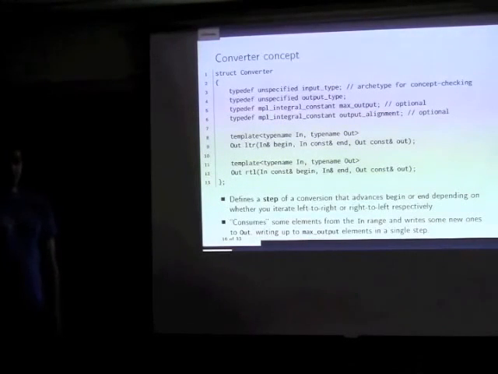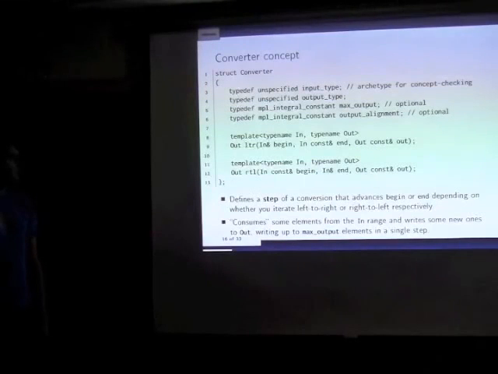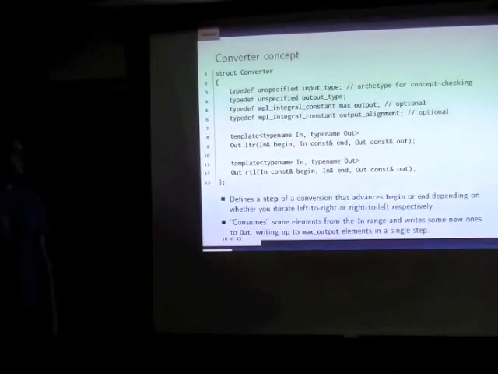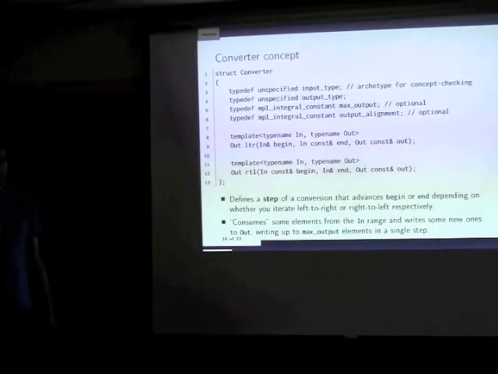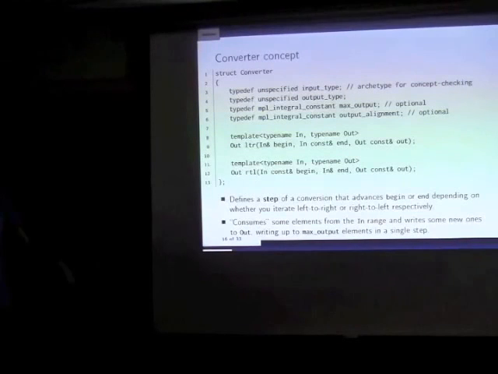Maybe people know about iterators. Basically, to evaluate step by step, I make a buffer which is aligned with the alignment of the output type, of size max output. The iterator adapter just calls step once, and as you iterate it consumes from the buffer, and when the buffer is empty it calls the converter again to get the next step.